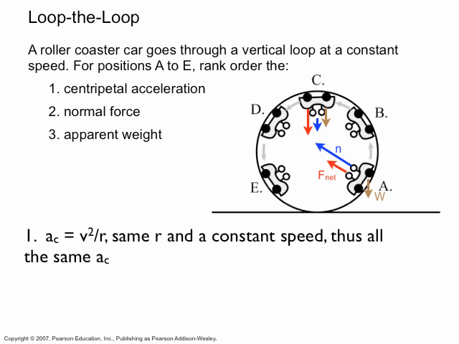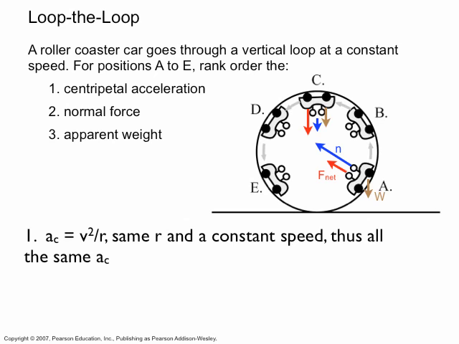So the net force can be mostly made up of the weight and not as much of the normal force. Whereas towards the bottom, the normal force can do most of the contribution in the direction towards the center of the net force. So the normal force shrinks going from A to B to C because it needs less of a contribution towards the net force, because the weight is pointing more in the direction of the net force going from A to B to C, and entirely at the top, so the track doesn't have to push as hard.